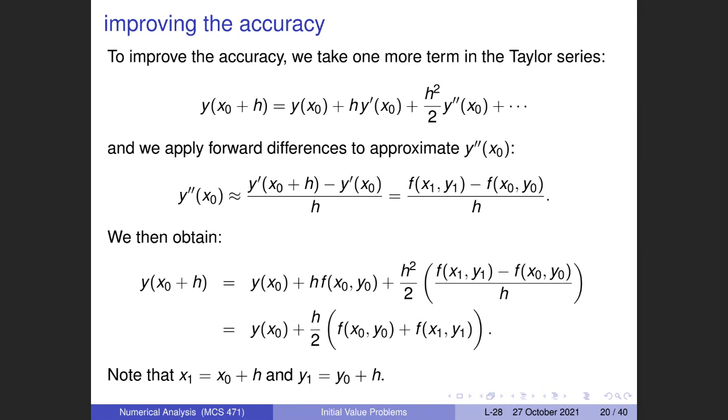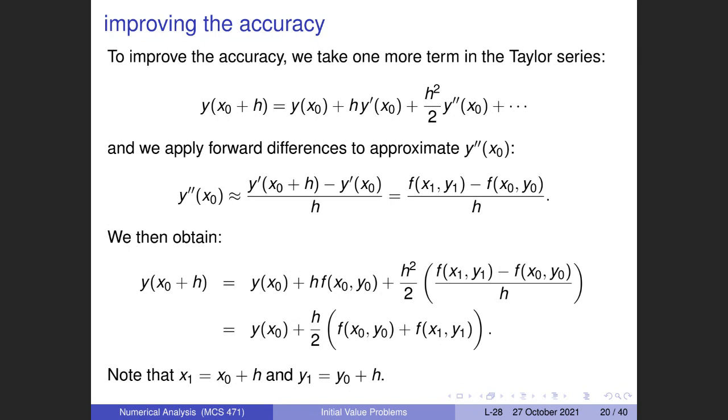Now, if you just look at the shape, we have y equals y naught plus an average of two function evaluations. And this should somehow ring a bell. We did this with the trapezoidal rule.